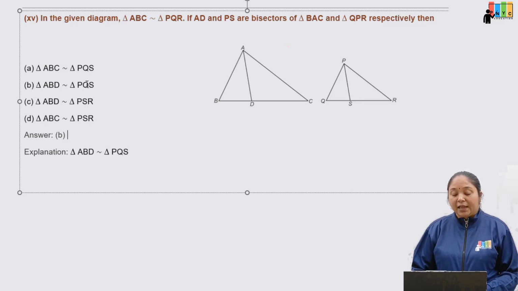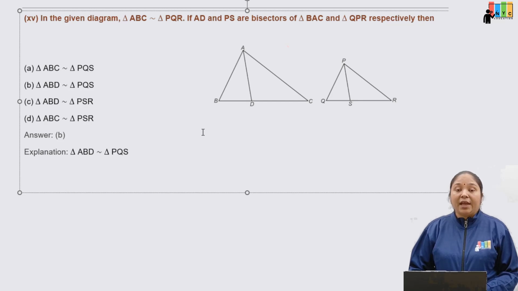Option B is triangle ABD similar to PQS. Now here angle A is similar to angle P, angle B to angle Q, angle D to angle S. Here the ratio AB to PQ is equal to BD to QS.